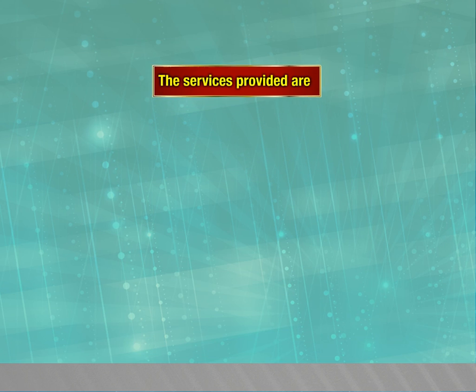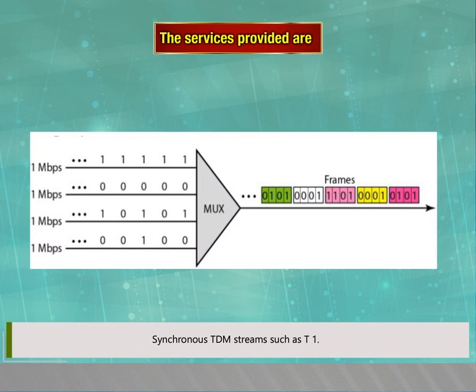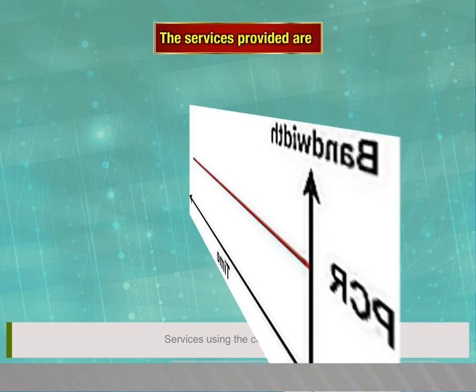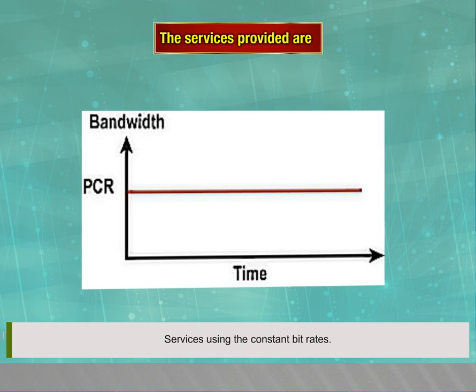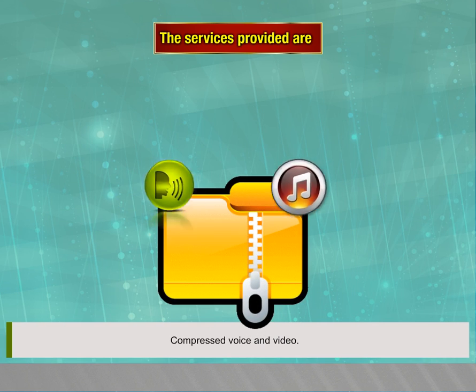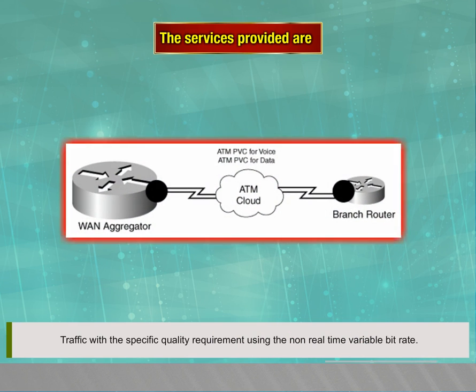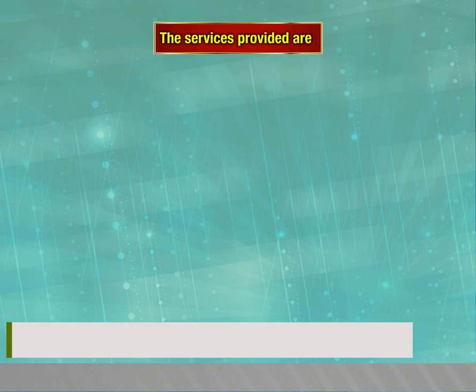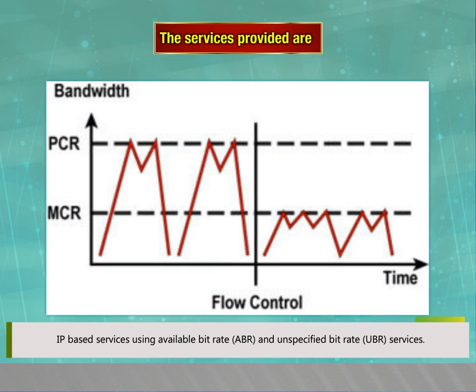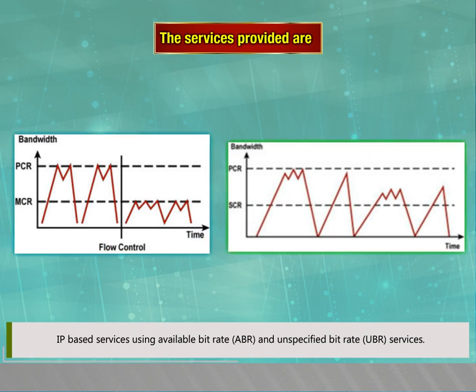The services provided are synchronous TDM streams such as T1, services using constant bit rates, compressed voice and video, traffic with specific quality requirements using the non-real-time variable bit rate, and IP-based services using available bit rate (ABR) and unspecified bit rate (UBR) services.